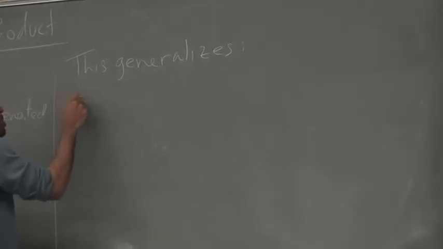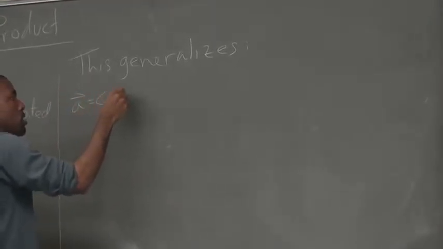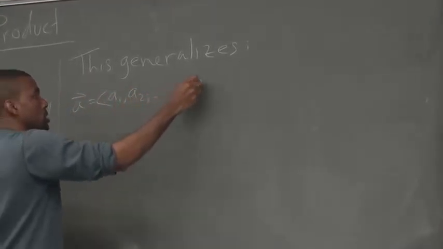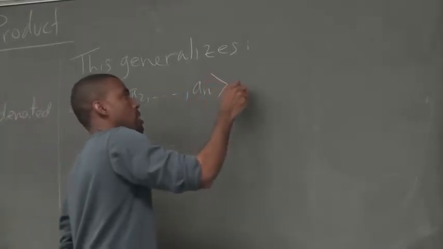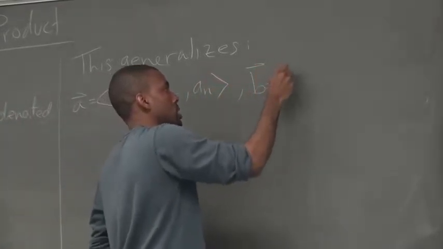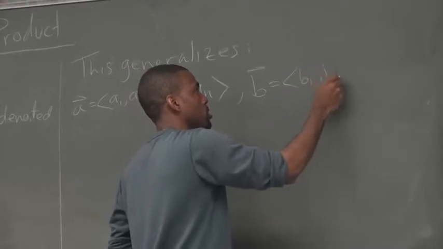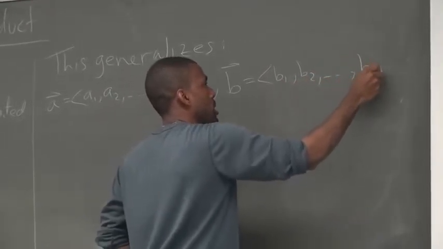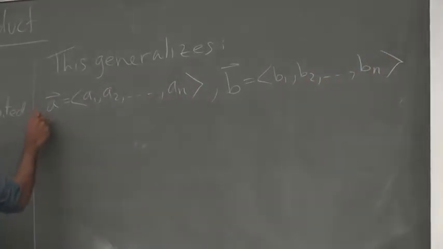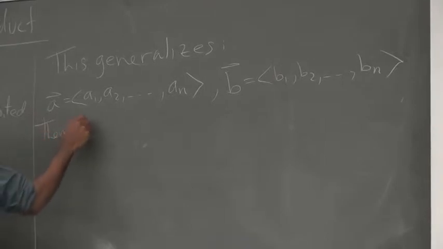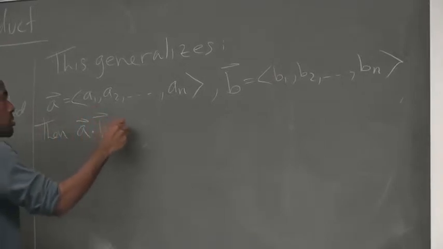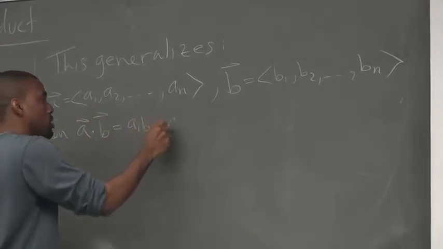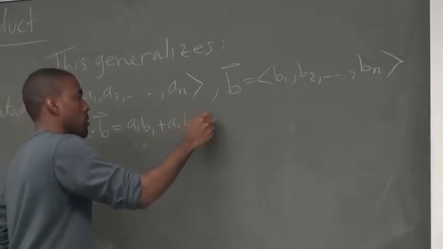So if my A was something a lot bigger, A1, A2, all the way to AN, and B is the same size, B1, B2, all the way up to BN, then A dot B is A1 B1 plus A2 B2, and so on.